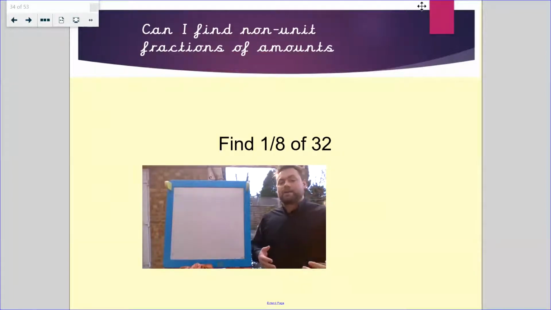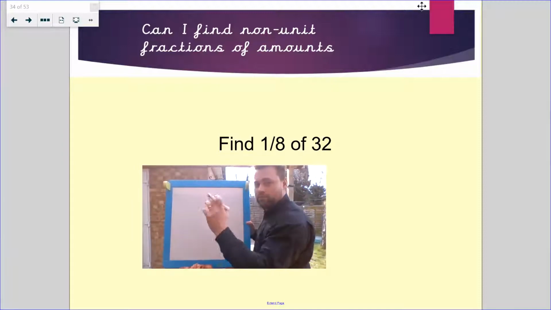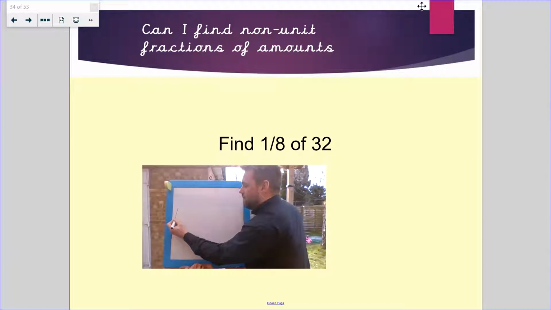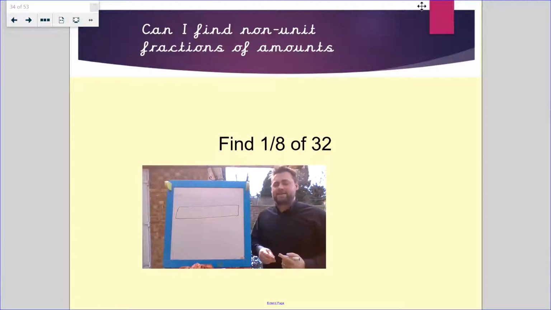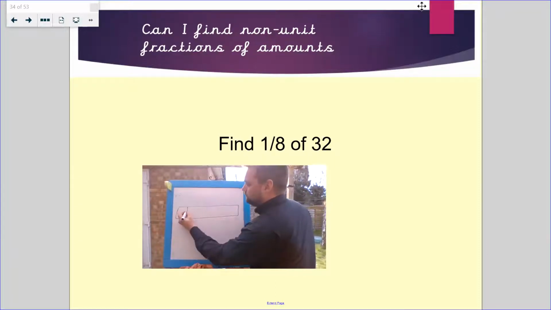Okay, welcome back. What we could do here is draw a bar and have 32 segments, but that might take a long time. We could use place value counters to find this out. So we draw our bar, and we're finding an eighth of 32.